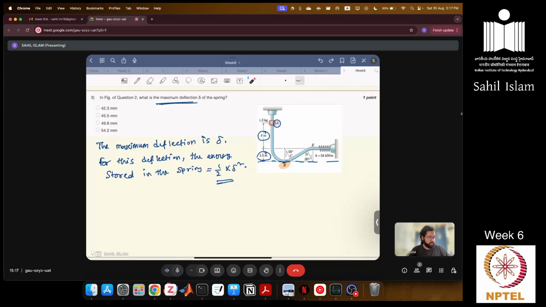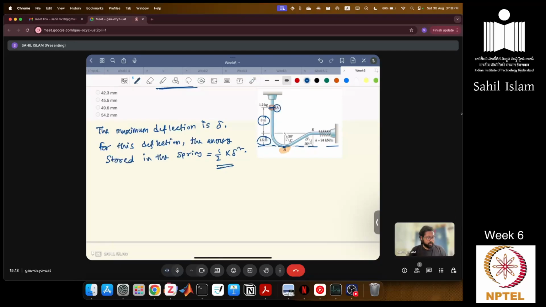Whatever the energy is, we don't have to calculate the total velocity at point E. Why? I'll tell you. From this point we have some energy, it goes like this and loses some potential energy here. For this point it is mgh, right?